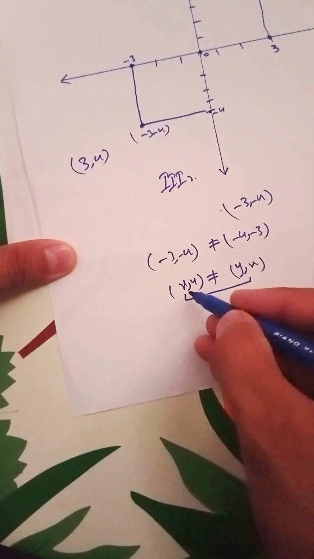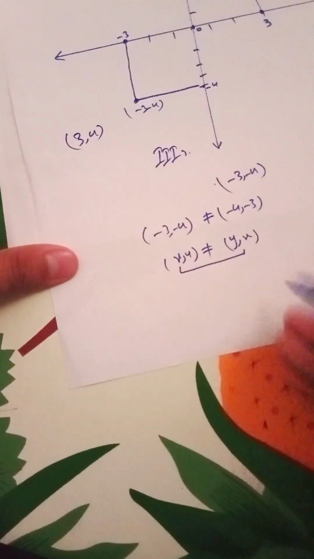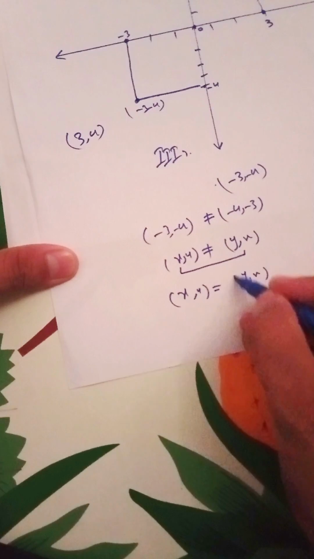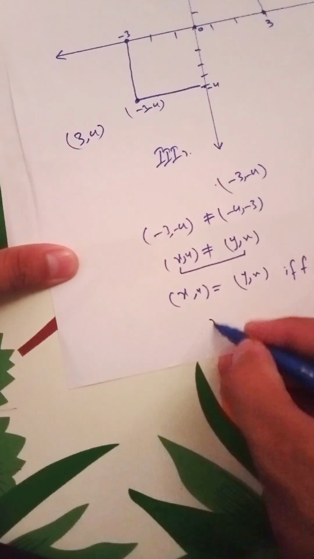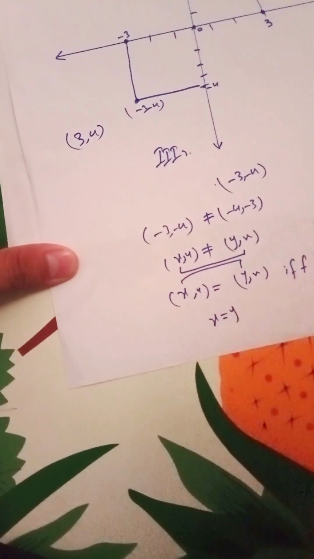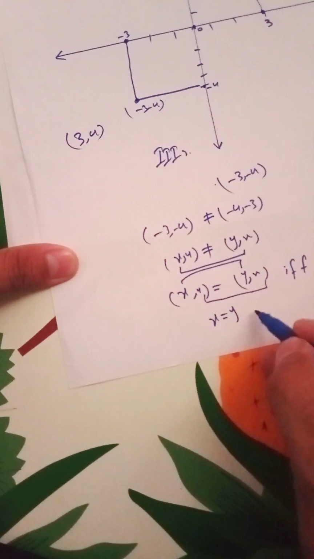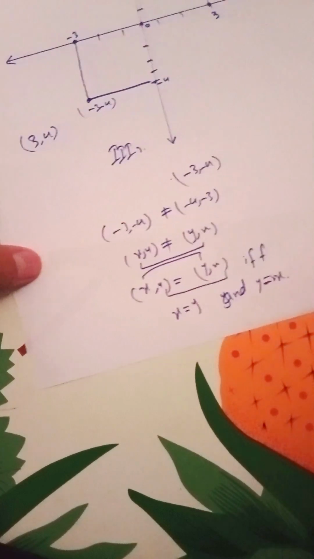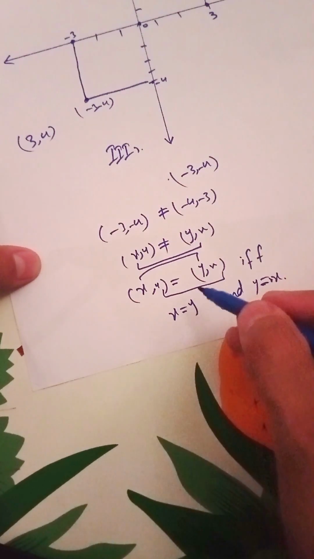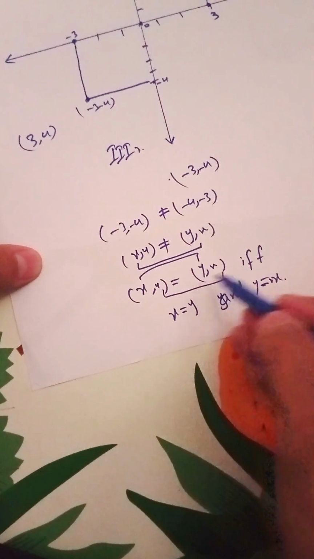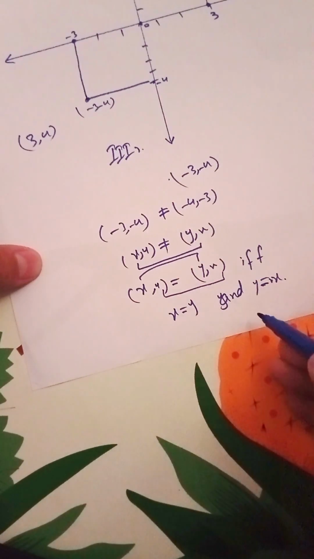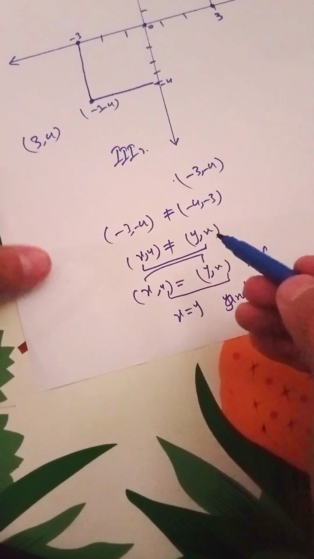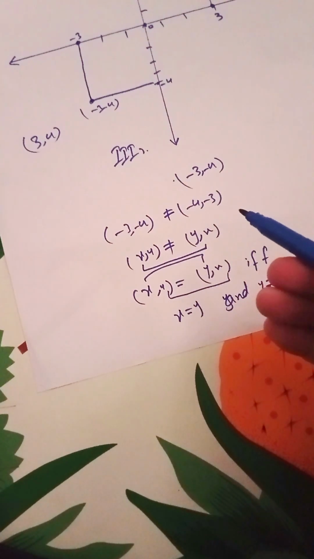We cannot say that these ordered pairs are equal unless the first element is equal to the first element and the second element is equal to the second element. Otherwise we cannot say that these ordered pairs are equal, because they have different locations.